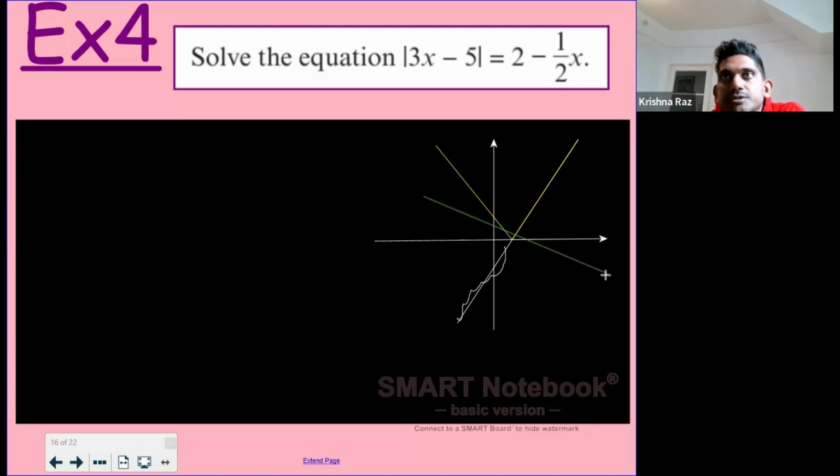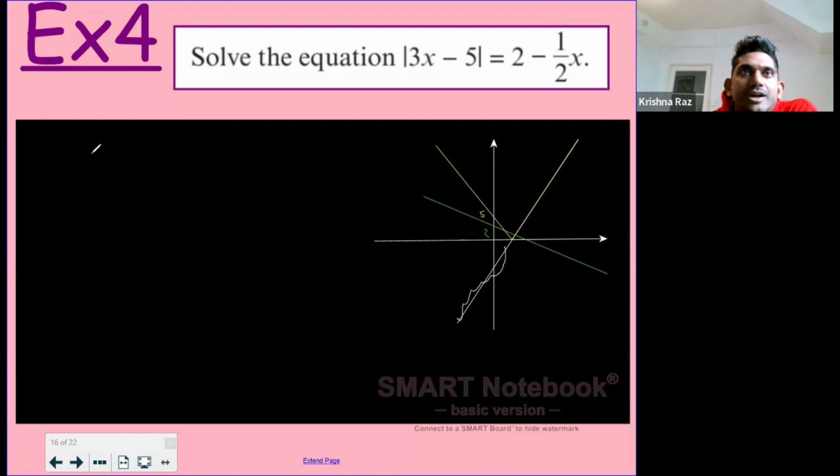It's a pretty terrible picture, but be aware that that yellow line will have a y-intercept of 5, because I didn't give myself much space for the green line to have a y-intercept of 2. But we can see where the lines intersect and what the solutions will indicate.